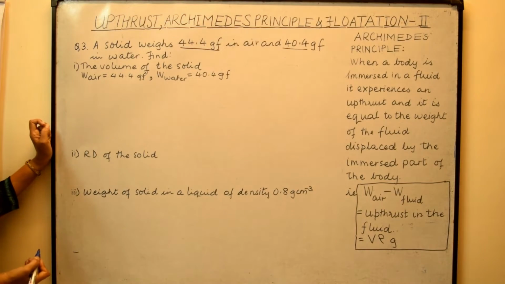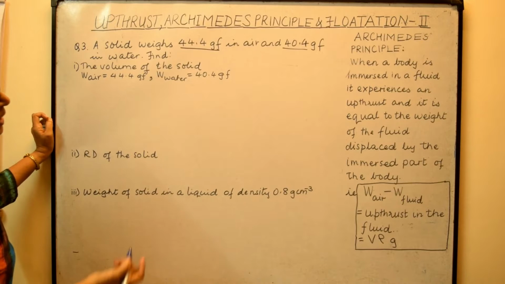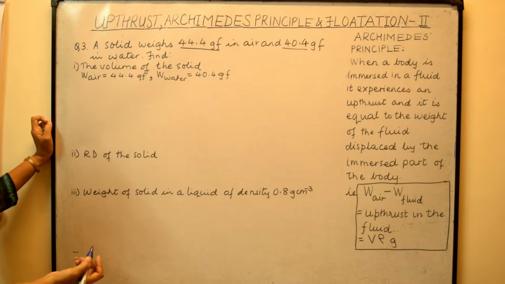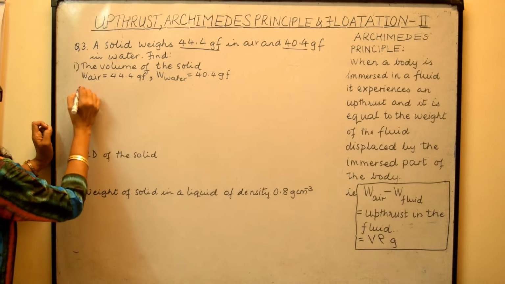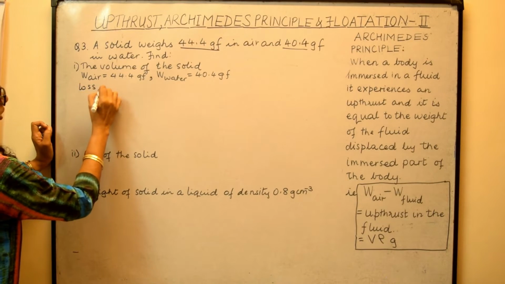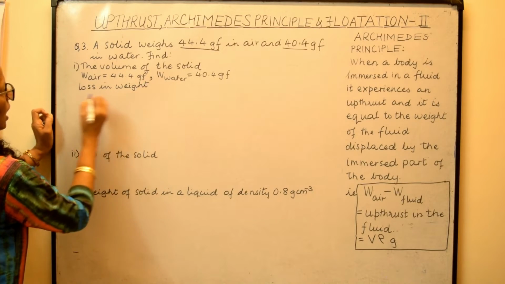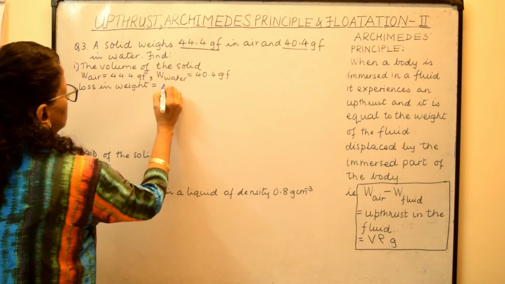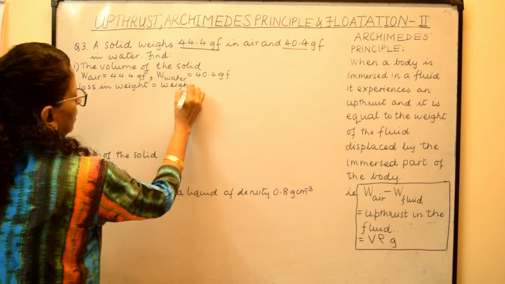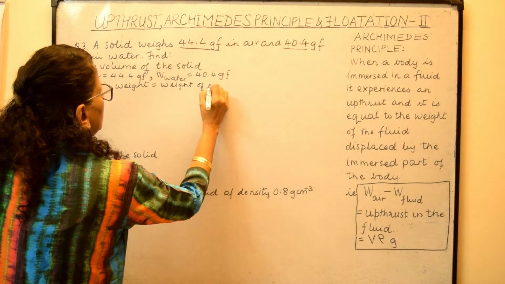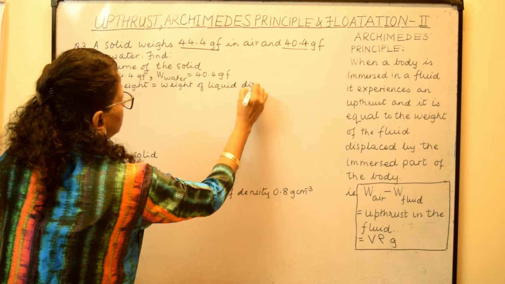Now according to Archimedes Principle, we know that when the body is immersed in a fluid, it experiences an upthrust, and so it will lose its weight. And this loss in weight, so we will directly write loss in weight is equal to the weight of liquid displaced.